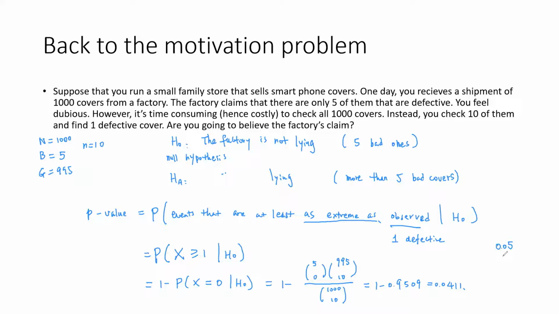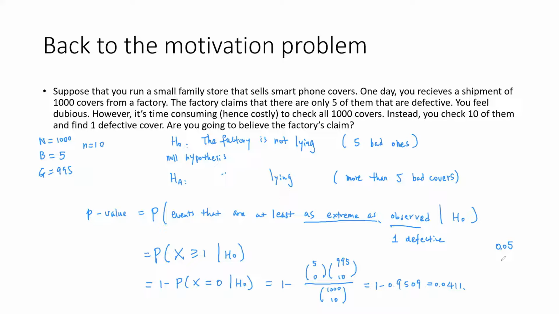So if you choose this number, you determine whether it's small or not, right? Then 0.0411 is less than 0.05, and you would claim that it's unlikely that you will see at least one defective cover in the sample if the factory is not lying, but you saw it.